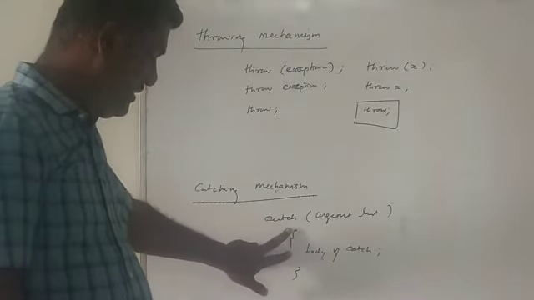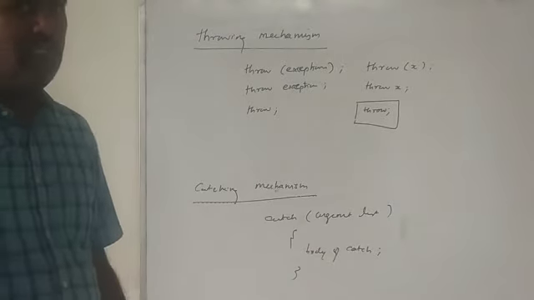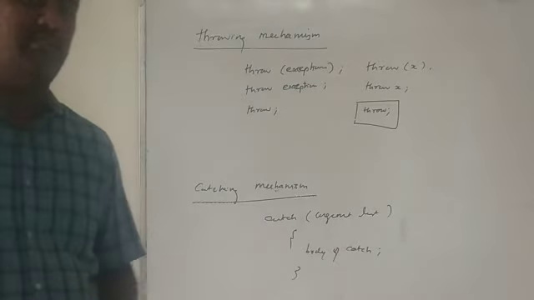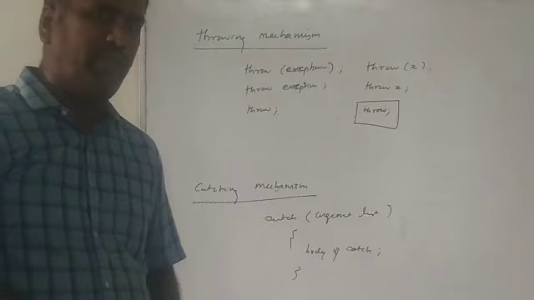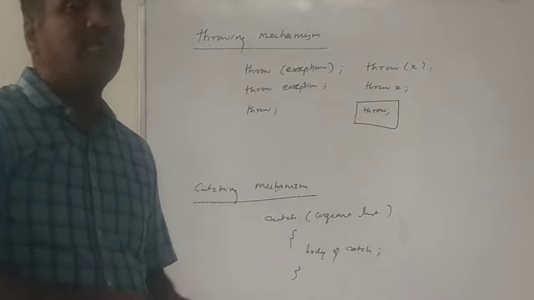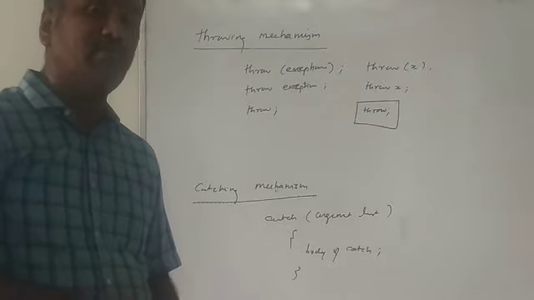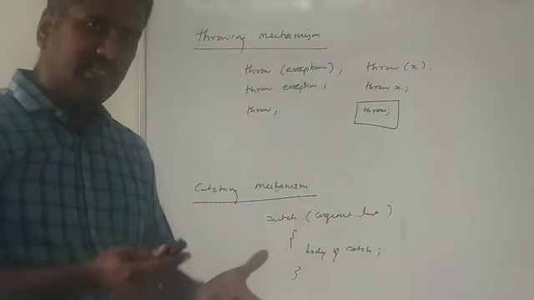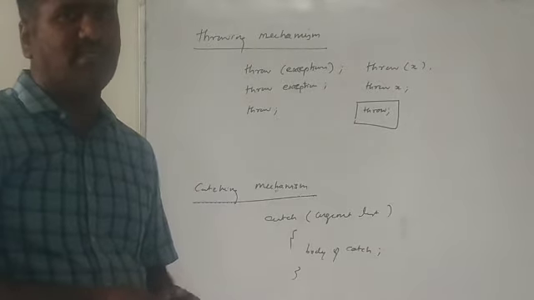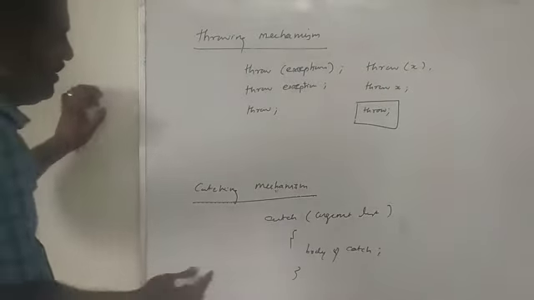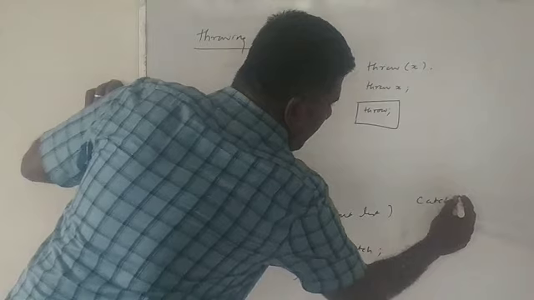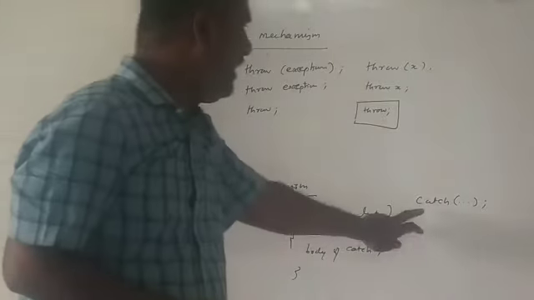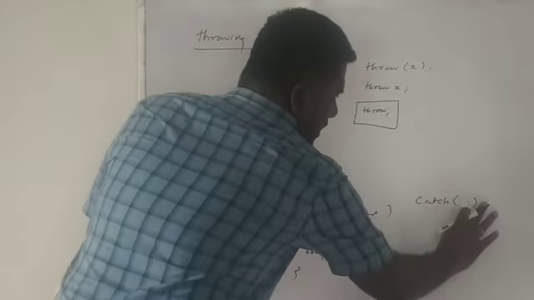The catch block is used in multiple ways. Multiple catch blocks can be used in a single program at the same time, and the catch can receive multiple types of thrown exceptions, simply by using catch 1, 2, 3. So here, what is that?